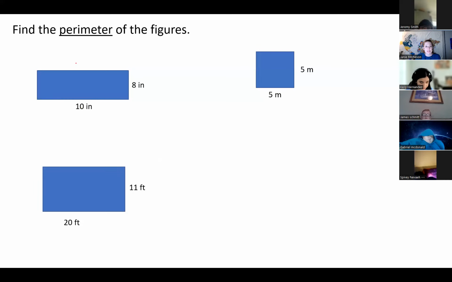So if this side down here is 10, that means this one's 10. And if the one on the right is 8, that means this one's 8. And we're just going to go around the whole thing and combine all those numbers. And we have 10 inches plus 10 inches plus 8 inches plus 8 inches. And we get, what is that, 36? Am I right? 36 inches.